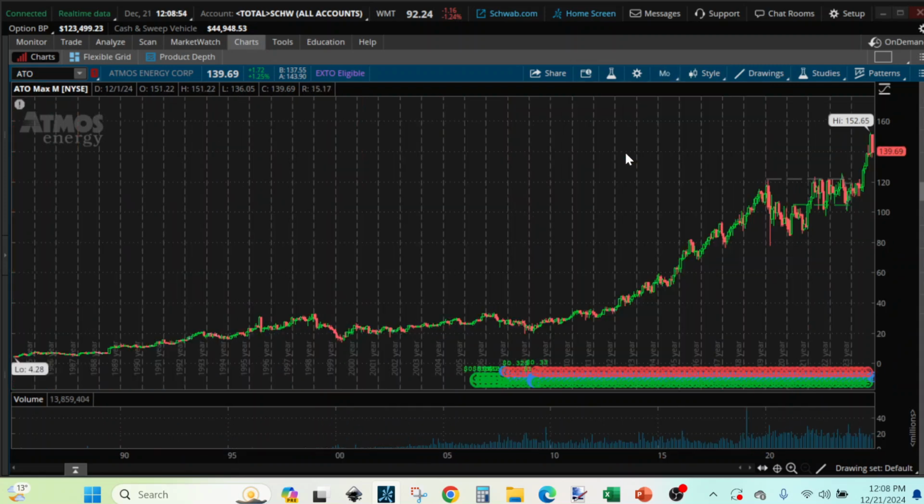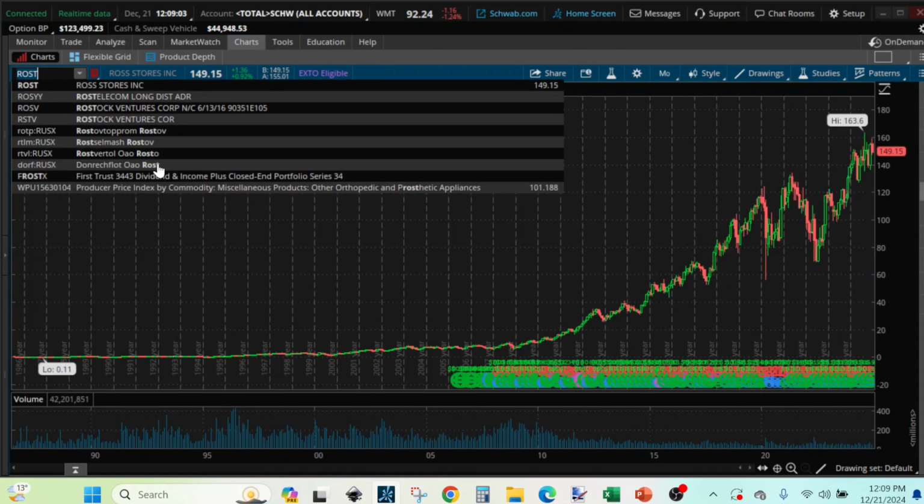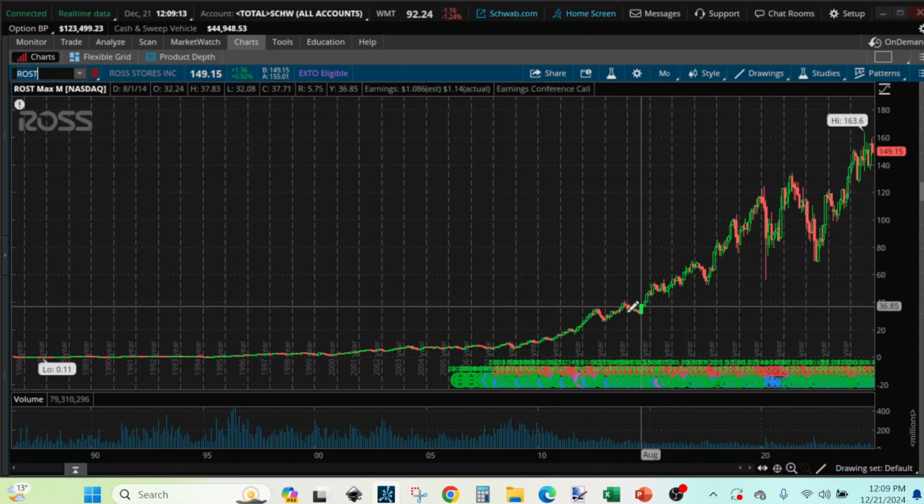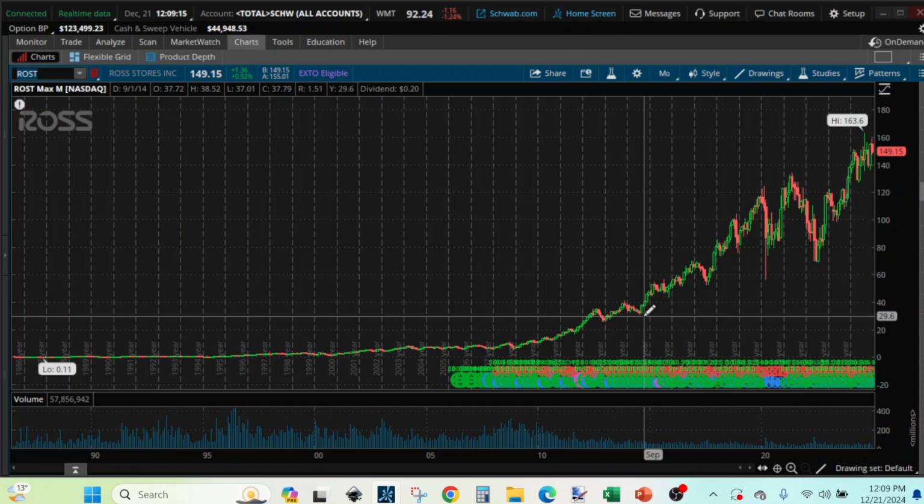I like to start on a maximum monthly chart. So on a maximum monthly chart, I will trace the lines connecting the support.